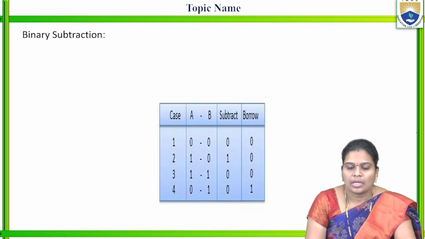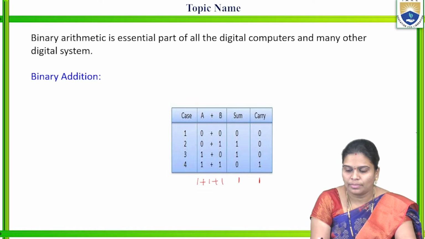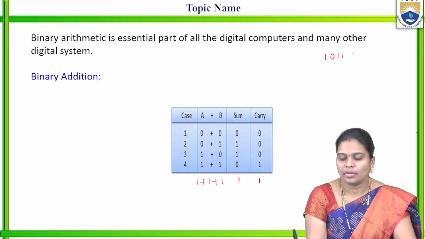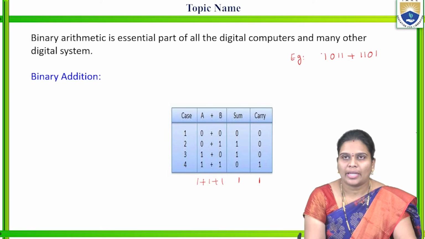Let us take one example: 1 0 1 1 plus 1 1 0 1. This is an example of binary addition.